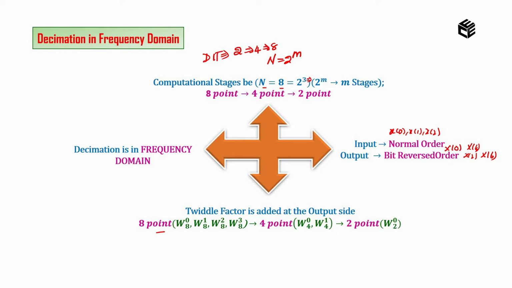Before going into the stages of computation algorithm, let me derive a general algorithm that supports the computational stages of the 8-point sequence algorithm. In the general algorithm, with the help of this X of k function, that is, the DFT of x of n is nothing but X of k, I will be finding the output of the first stage of computation.